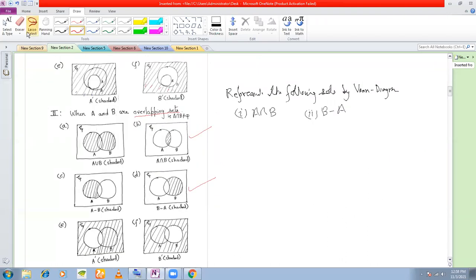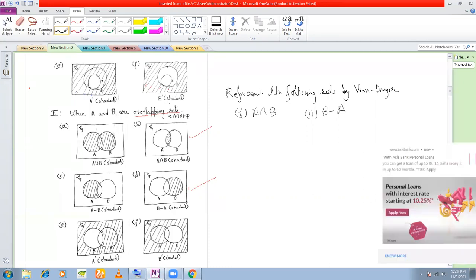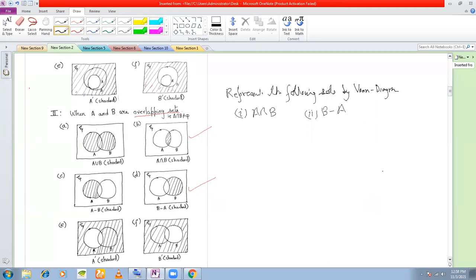So let us see how to represent if A and B are overlapping sets, then how do you represent it with the help of Venn diagrams? First question, first is how do you represent A union B? Because A union B consists of elements of A or B or both. That is why we are shading both the circles here. Okay, so we are shading both the circles, including the common part of the circles.